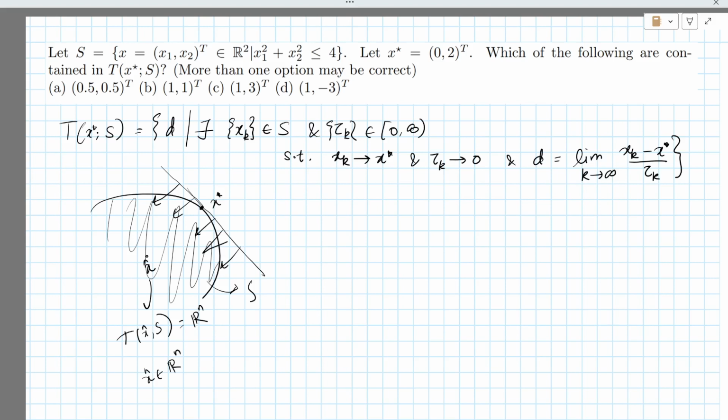So, if constraint qualifications hold at x star, then your tangent is defined.